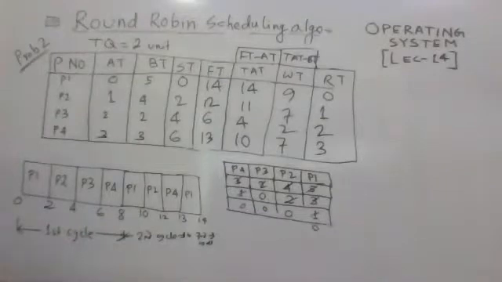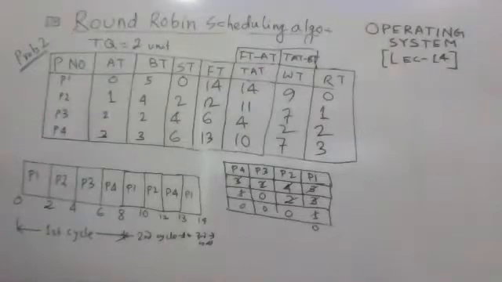This is a starvation free algorithm, but it is difficult to implement actually, because context switching is a very important factor here, and in this case one important disadvantage is context switching time.